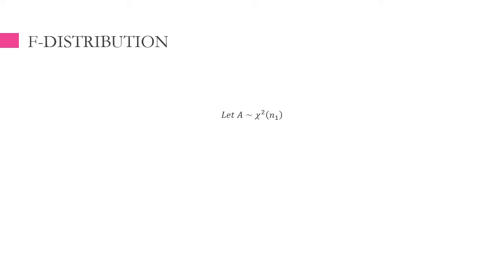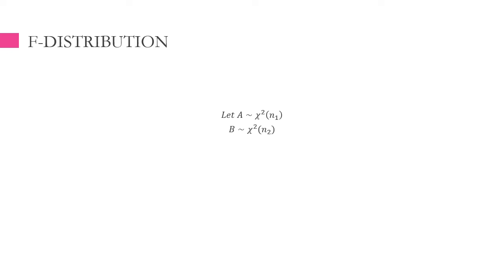Let's say we have some chi-squared random variable with n1 degrees of freedom. The degrees of freedom of a chi-squared random variable are very important, especially in this scenario, because we're going to do a lot of manipulation. So you have one chi-squared with n1 degrees of freedom, and then another chi-squared with n2 degrees of freedom.